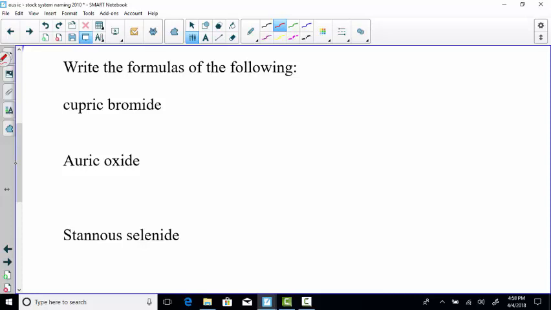Okay? So going the other way, you have to recognize that, oh, that's ic, so that means that copper is the +2. Bromide is a -1. So to write the formula, it is CuBr2. Okay? Next, gold, which is aurum, excuse me, aurorium.